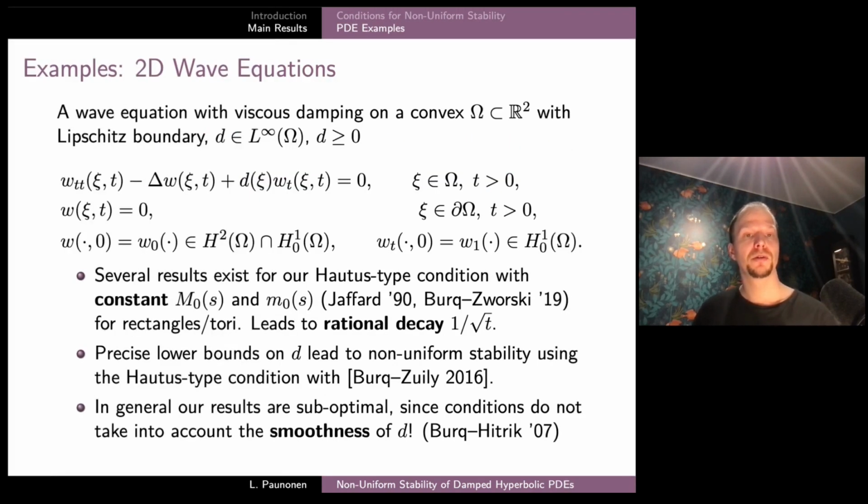And finally, to conclude, I want to talk about what our results say about specific PDE models. And as I said, in the case of the wave equation with viscous damping, non-uniform stability has been studied actively in the literature, and our results in particular reproduce certain stability results which are already known in the literature.